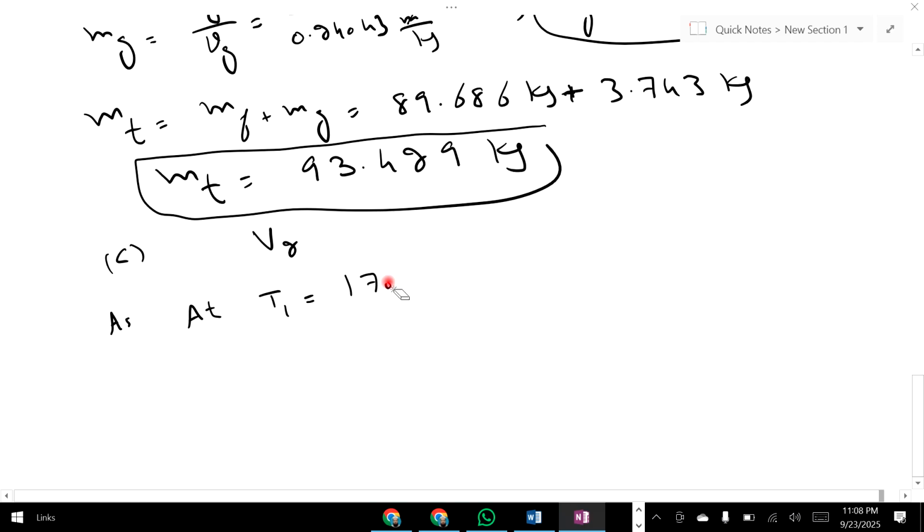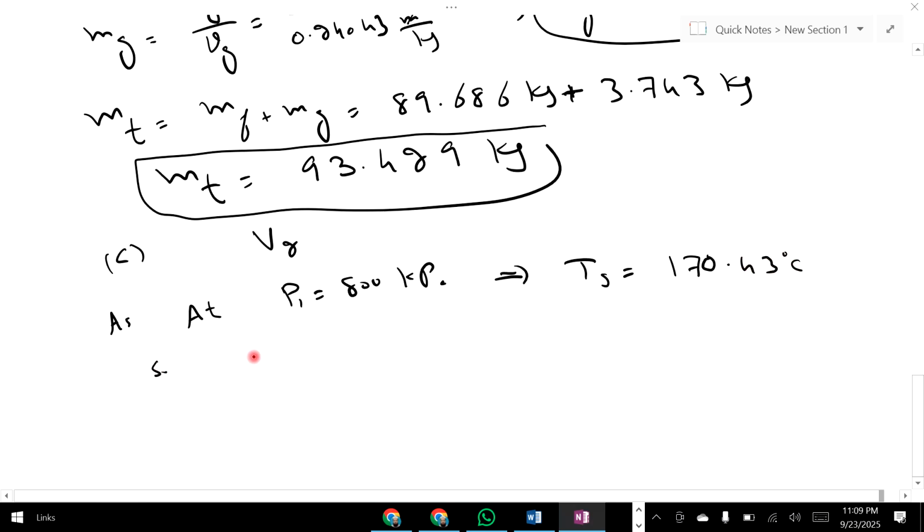at P1 is equal to 800 kilopascal, saturation temperature is 170.43 degrees centigrade.